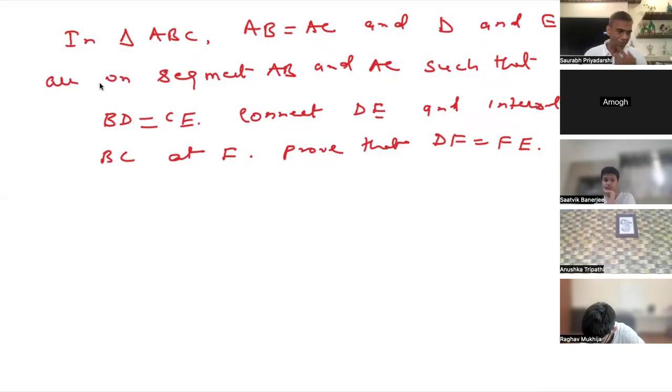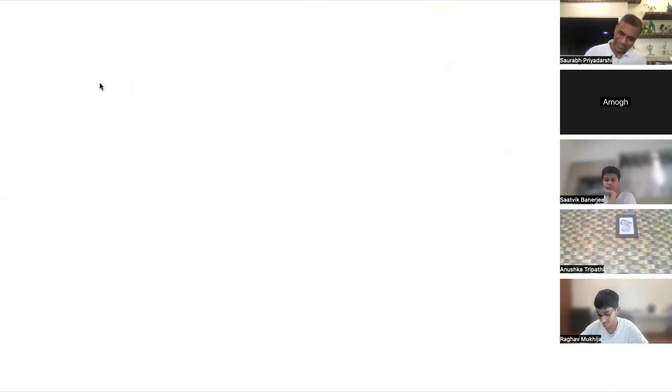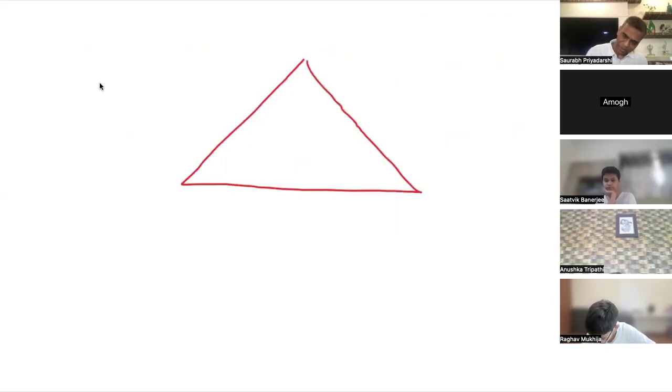So can I first draw the diagram? Sir, the diagram itself is the problem in the question. Yes, ABC is isosceles, so I have to draw this carefully.